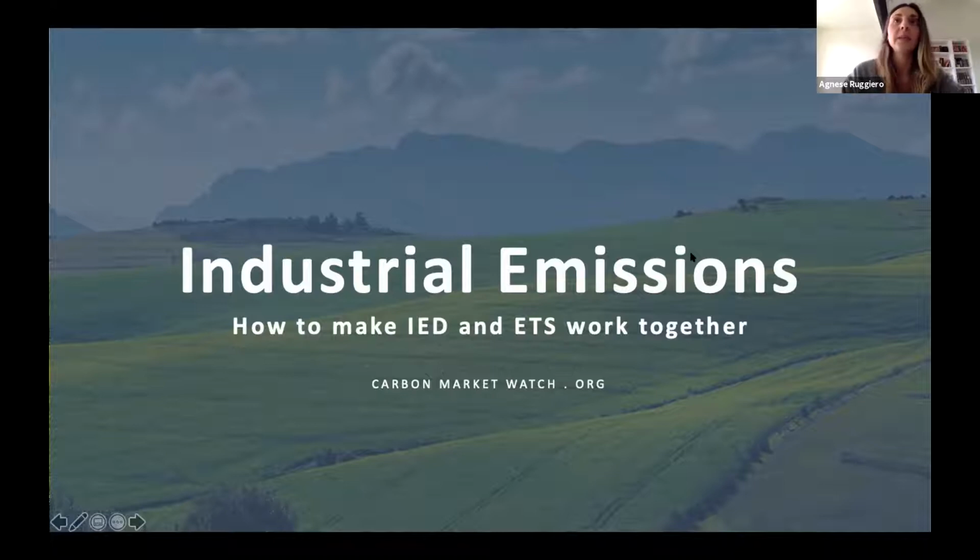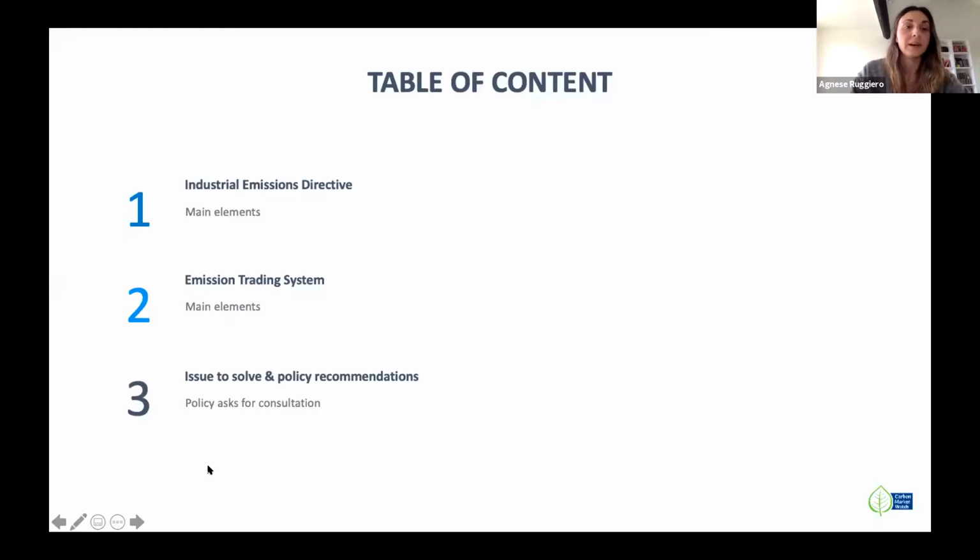So basically, this is why the climate community, and specifically Carbon Market Watch, has started looking more into the detail of the Industrial Emissions Directive and started collaborating with the EEB on this matter. I'll just run through what we've already seen.